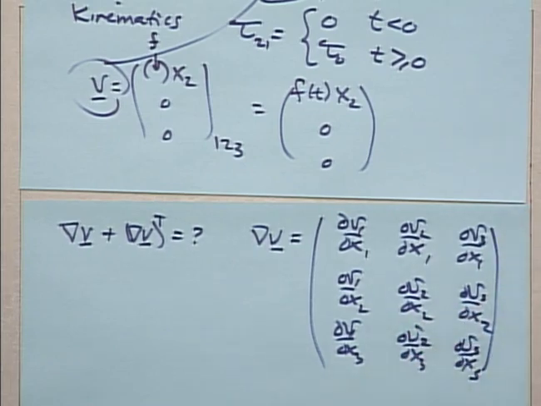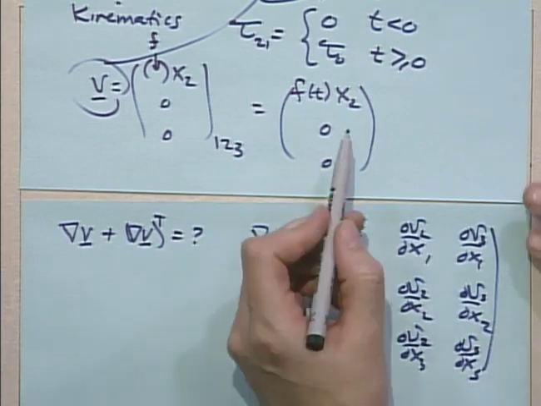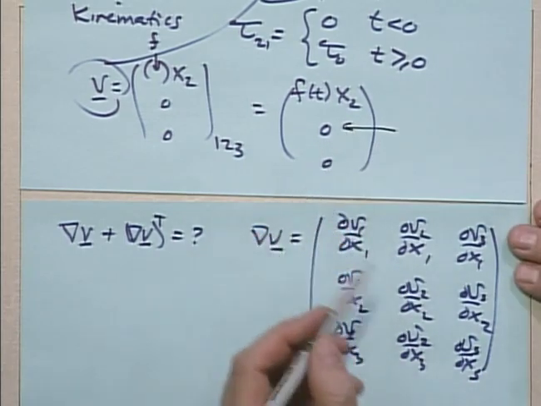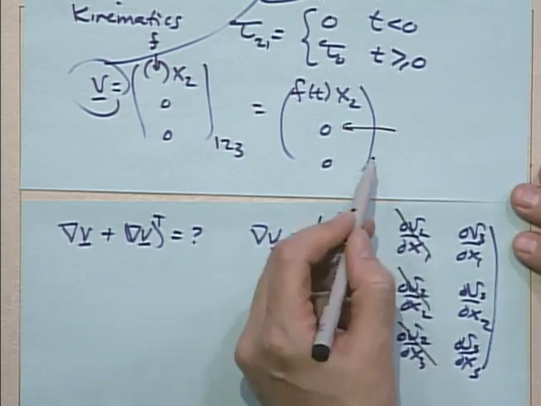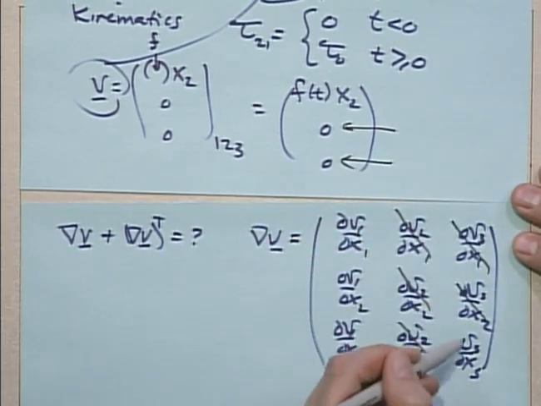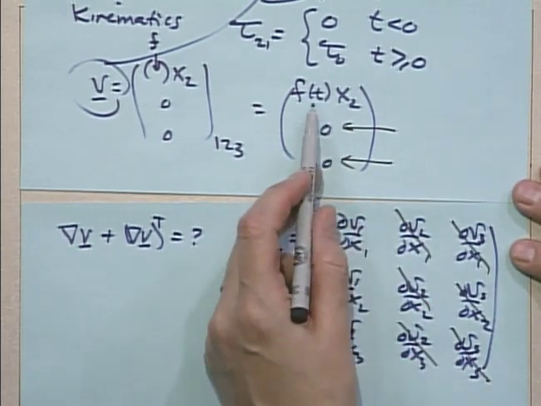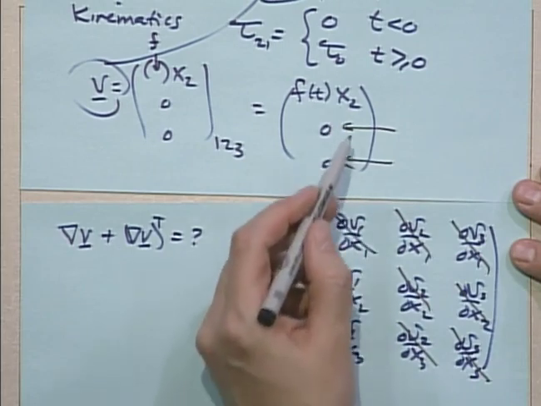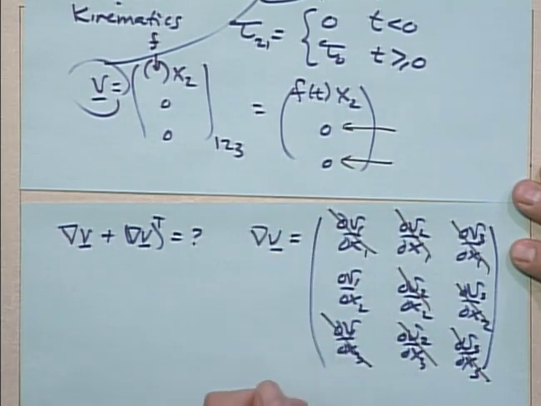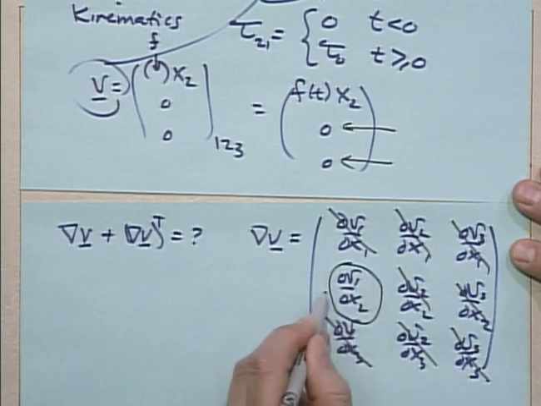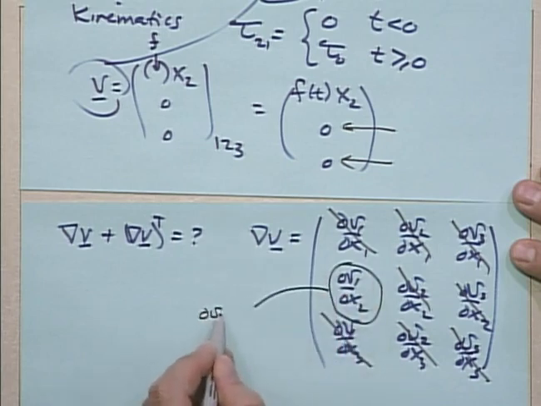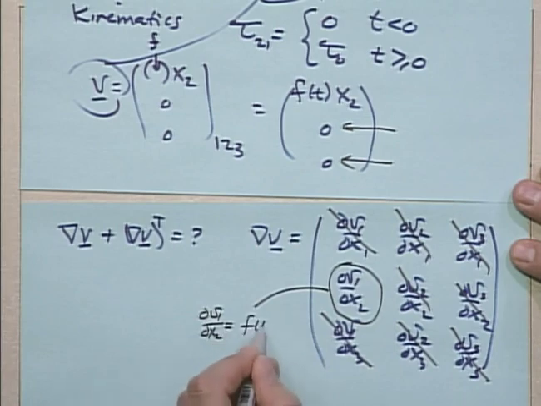And this simplifies the same way as we've seen a bunch of times before. V2 is 0. V3 is 0. V1 is not a function of x1 or of x3. And dv1 dx2 is what? f of t.